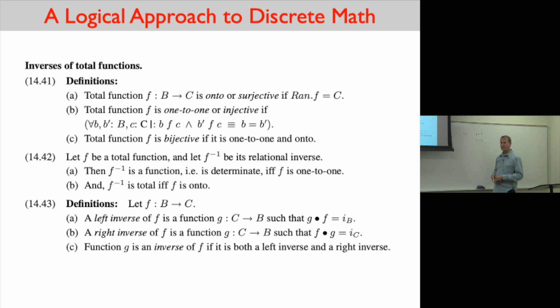What defines it as a left inverse? Well, G is the left inverse. What this is saying is G is the left inverse of F because it's on the left of F. G is an inverse of F because if you compose it with F, you get the identity.